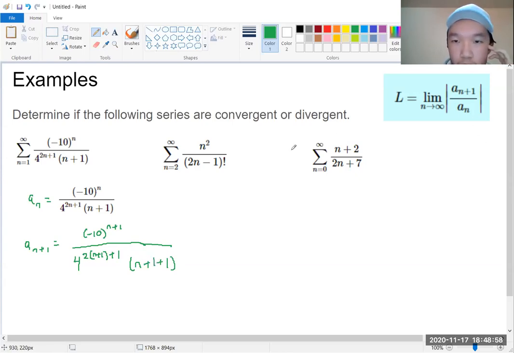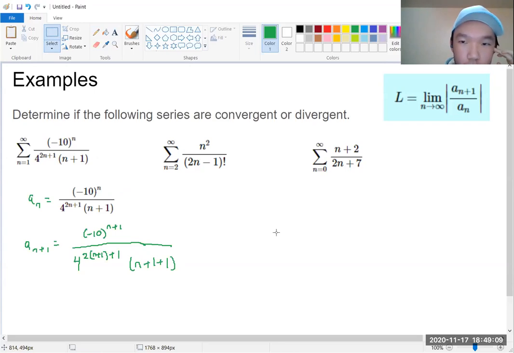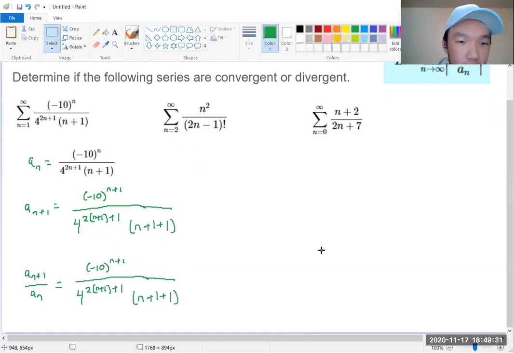Okay, and now we have to take the ratio of these two things, which is probably going to get messy, but that's okay. We're basically trying to divide two fractions, right? So a sub n plus 1 goes on top, and then we're going to divide it by a sub n. But if you remember, we can just write it as multiplied by the reciprocal.